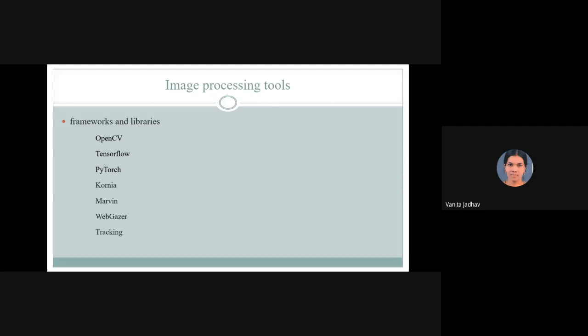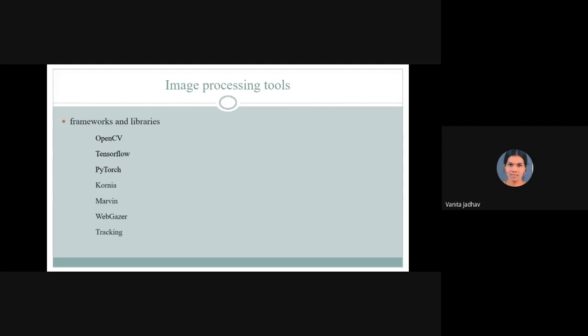Then next is PyTorch. It is also one of the open source machine learning platforms. It is designed to speed up the development cycle from research prototyping to industrial development. It easily transitions to production, has a rich ecosystem of tools and libraries, and good support for major cloud platforms.